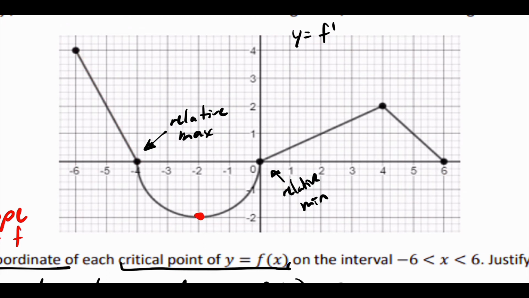If I were to draw a tangent line at this red dot, it would be horizontal, right? Where else? What about 4? What's the slope of the tangent line at 4? If I wanted to find the derivative at 4, what would that be?